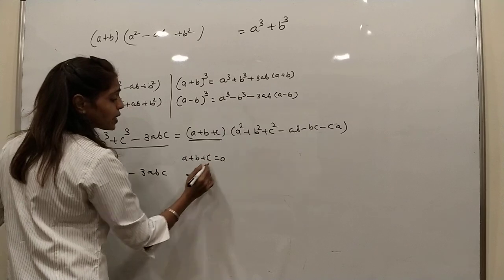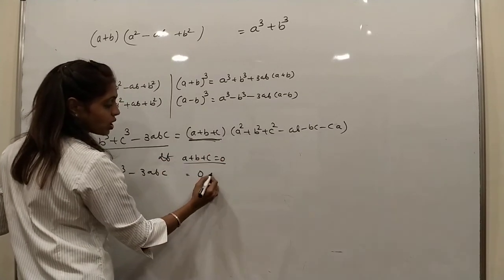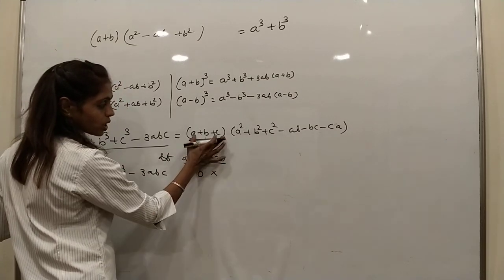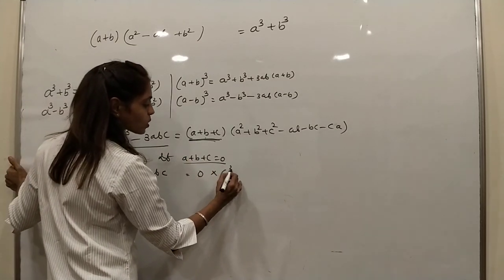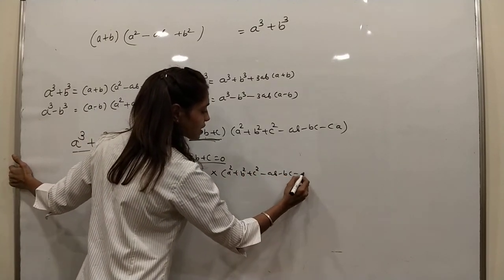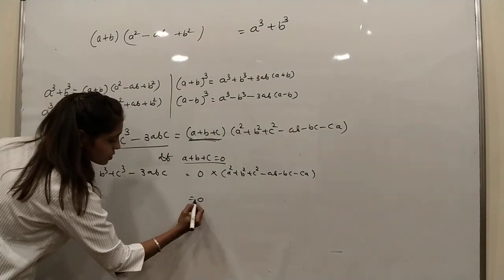If a plus b plus c is 0, if its value is 0, 0 into a plus b plus c is 0, in place of this 0 into a square plus b square plus c square minus ab minus bc minus ca. But 0 into anything is 0.